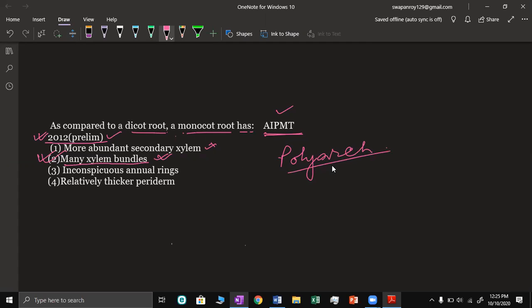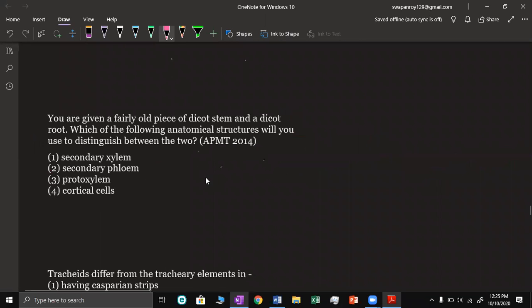And what else does monocot root have? They have a large pith also, and many vascular bundles.